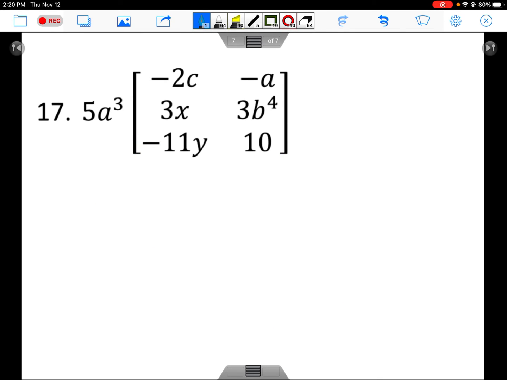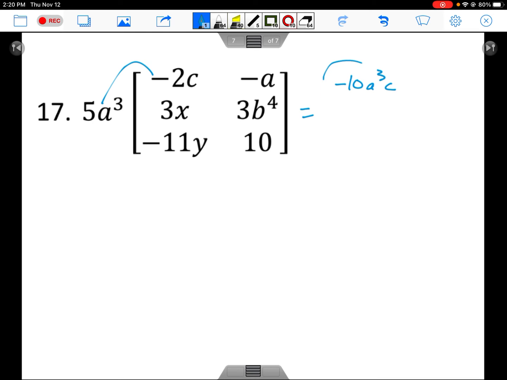And then I want to point out one other thing: sometimes the scalar or entries in here can have variables, and you'll still distribute to everything. You just have to remember how to multiply things with variables together. This first one, 5 times negative 2c is going to be negative 10 a to the third c.